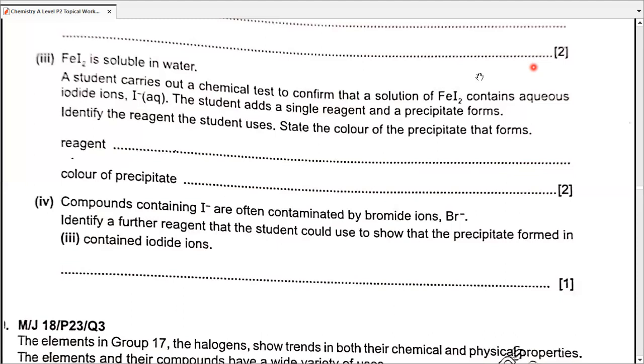Why in most of the cases we need to acidify it, but in this case we do not need to acidify it first. We can use a single reagent, yet it would give you the colored precipitate we want. Something to do with solubility? No. Nitric acid.